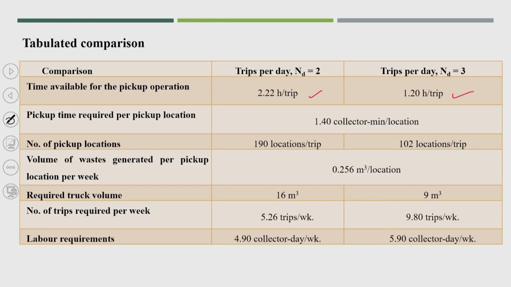So, the large value in the ND 2, number of pickup locations are more here in ND 2 compared to ND 3, and finally, your vehicle size is large compared to ND 3, and number of trips are lower here compared to the ND 3, but if you see the labor requirement or time required in a week, that is low compared to the ND 3. So, here ND 2 is your answer. Okay.